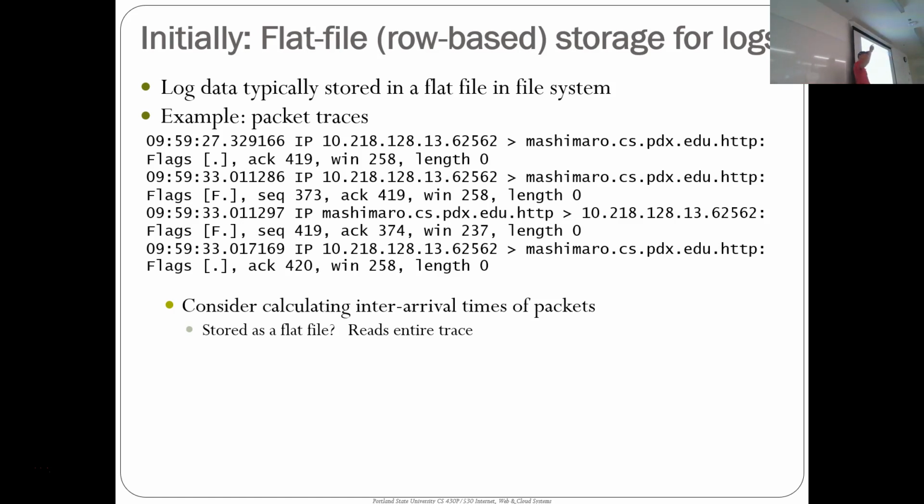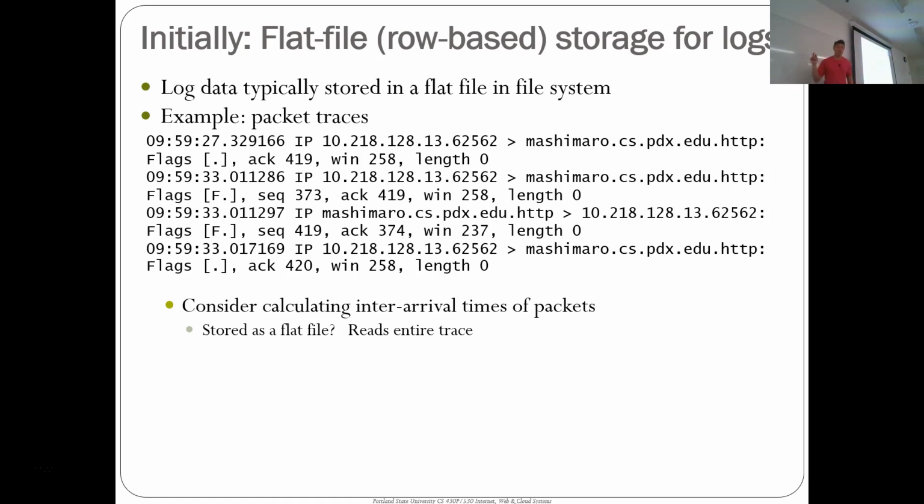I wanted to get the distribution of packet arrival times across the entire trace. If this is stored as a flat file, I have to read the entire trace. Every single byte of that file has to be read in order for me to calculate inter-packet arrivals, where I'm only interested in the very first field of that row.